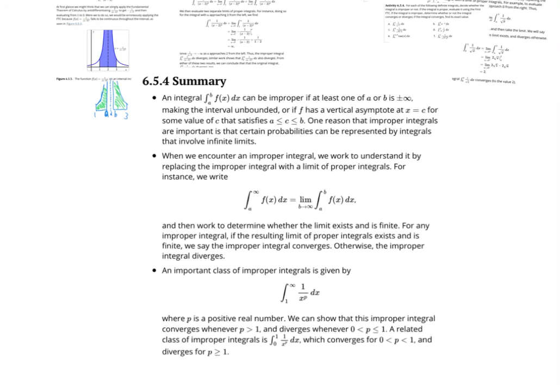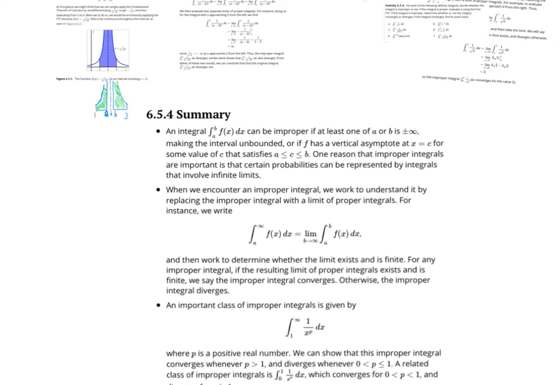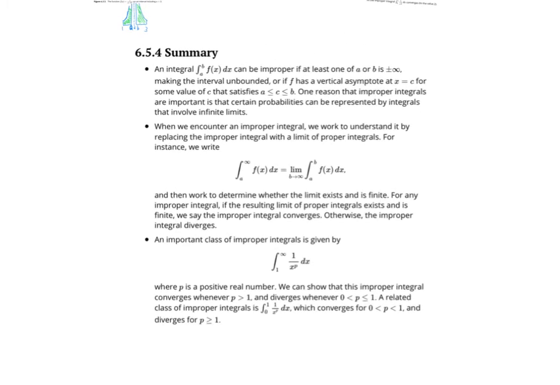All right, so that brings us to our summary. What does it mean for an integral to be improper? One way is you have an interval that's unbounded that you're integrating over. In other words, one or both of your limits of integration is plus or minus infinity.